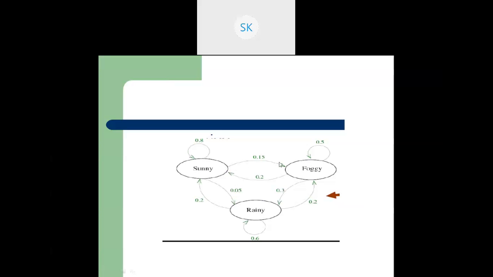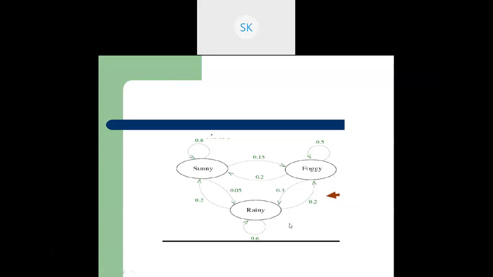Moving from one state to another has some transition probability. Moving from sunny to foggy has a probability of 0.15. These figures shown on the arrowheads are the transition probabilities. And at the end state, rainy, there will be observations. An observation is a person carrying an umbrella, because it is the rainy season.